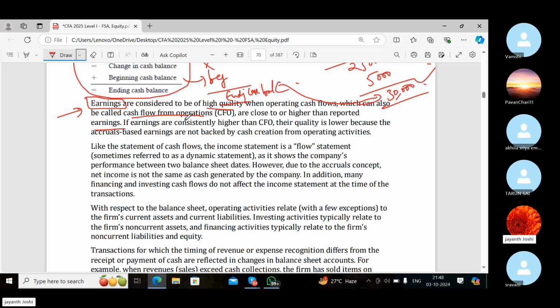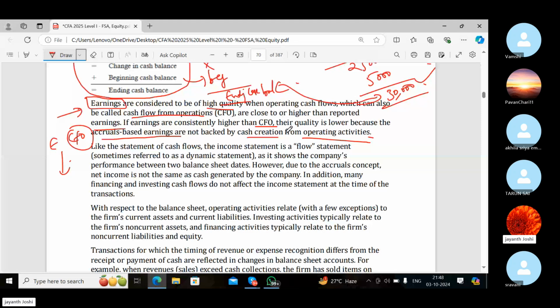If earnings are consistently higher than cash flow from operations, their quality is lower because accrual based earnings are not backed by cash creation from operating activities.